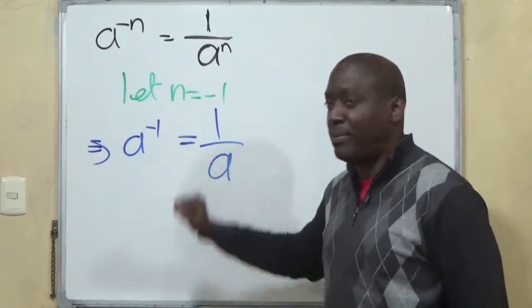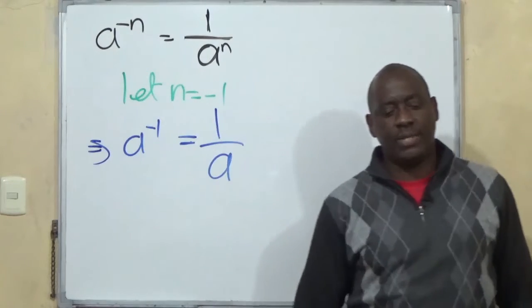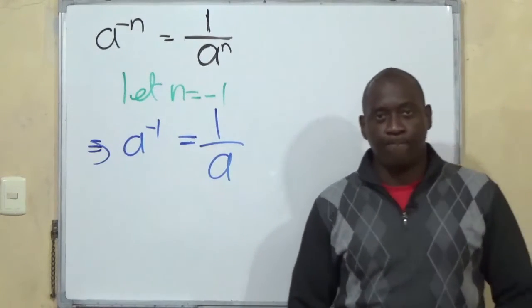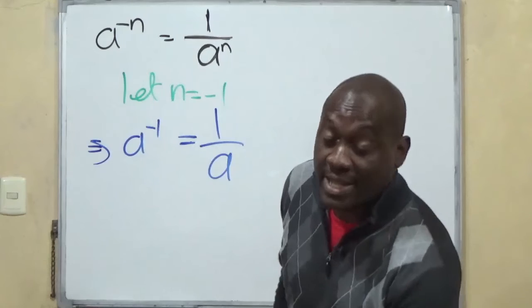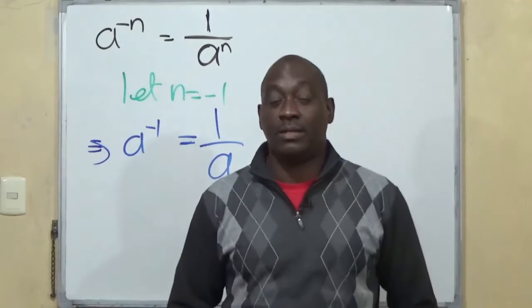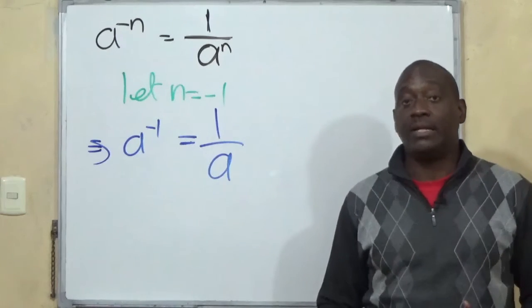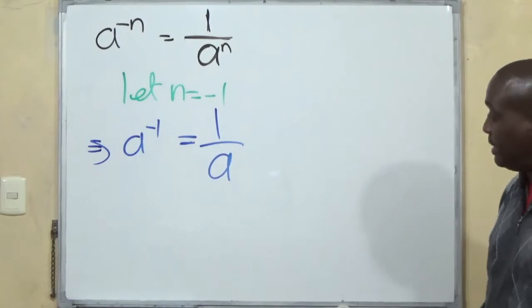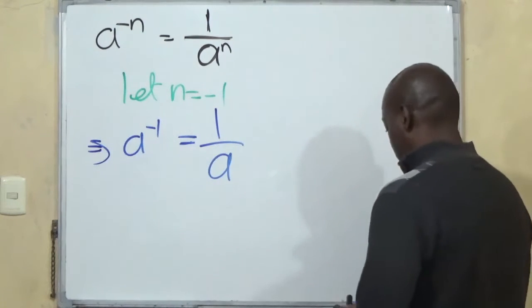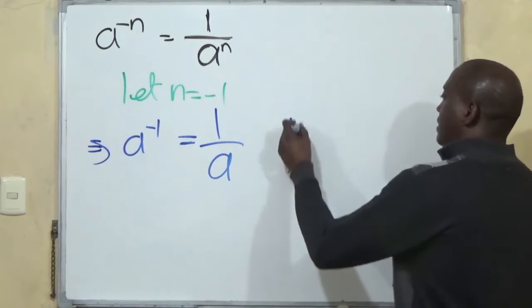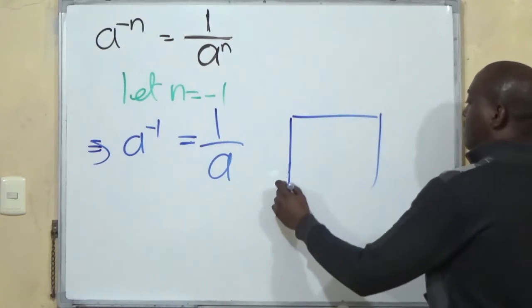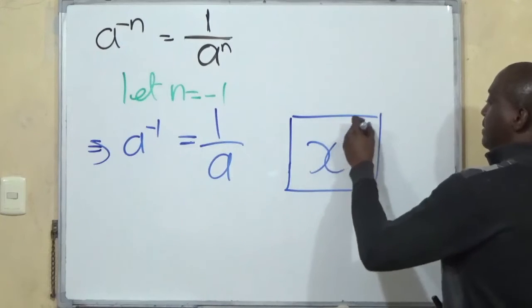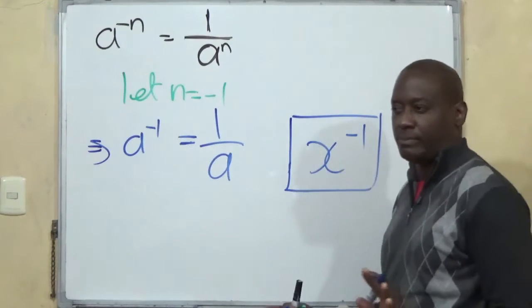And this is so important, that case where n is equal to minus 1, that on most scientific calculators, there is a whole button allocated to that. So on most calculators, you will see a button like this, x to the minus 1.